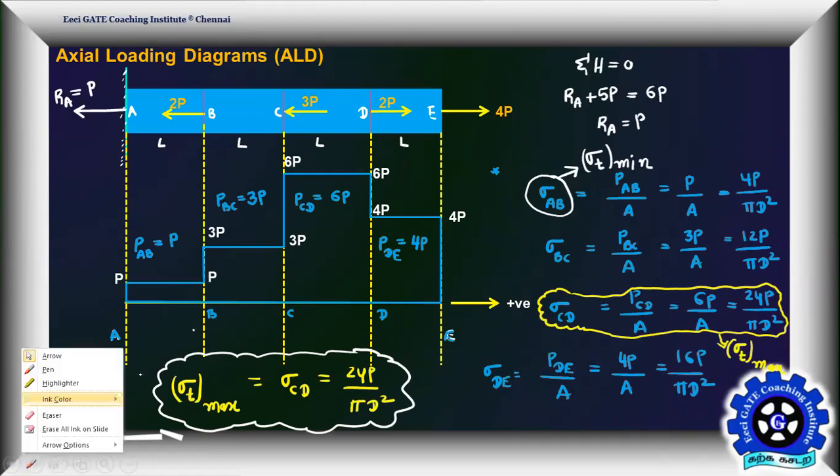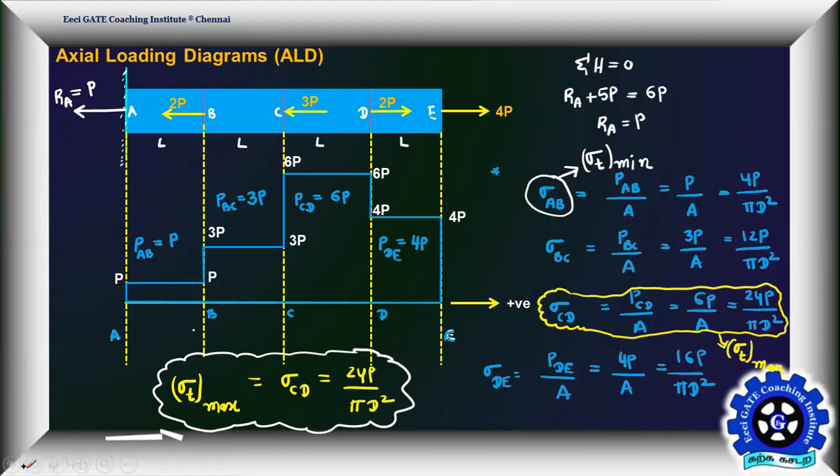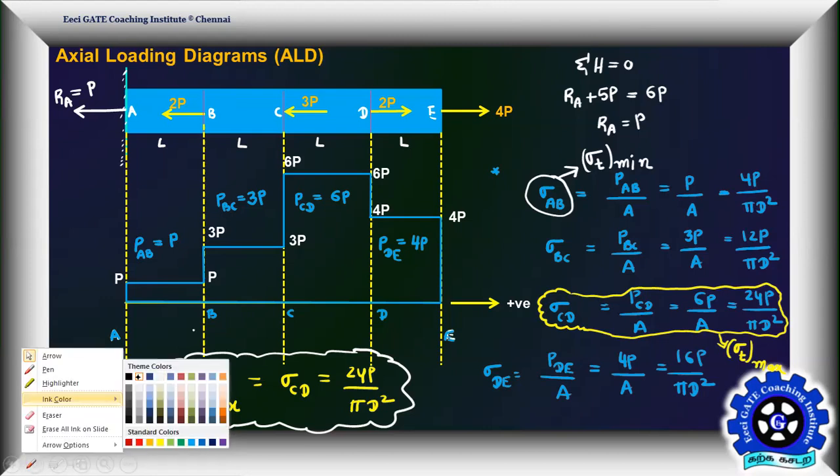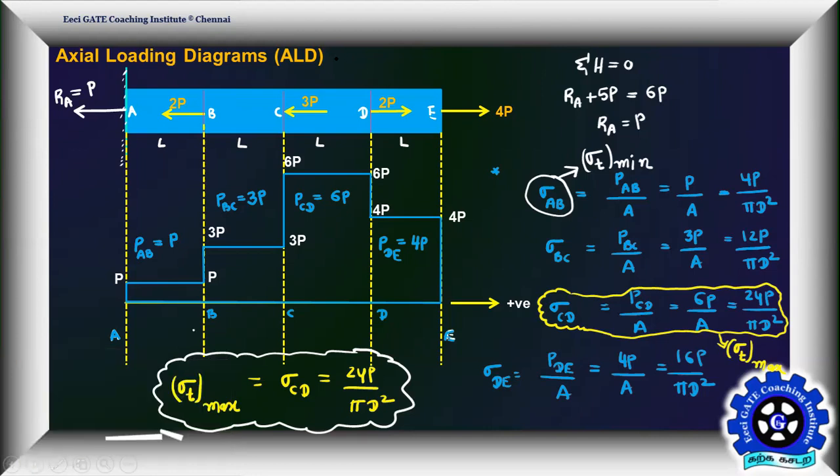Just have a look on it. It is very important. All are same. You can solve around 10-20 problems. Now what is delta EA?